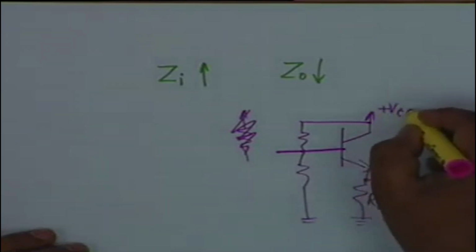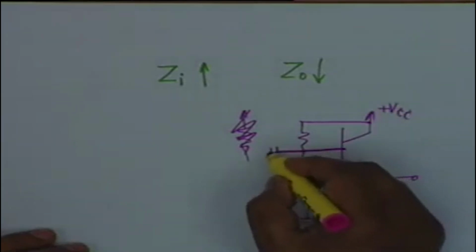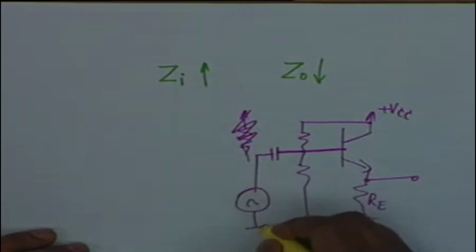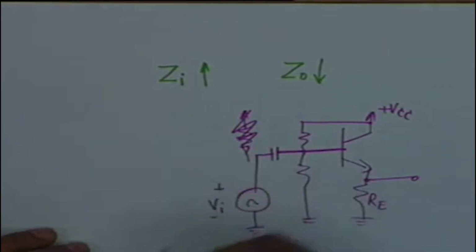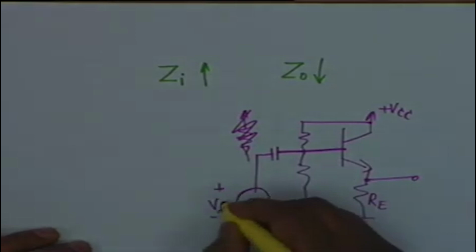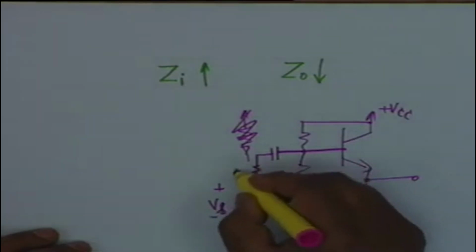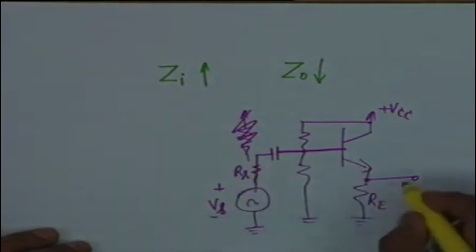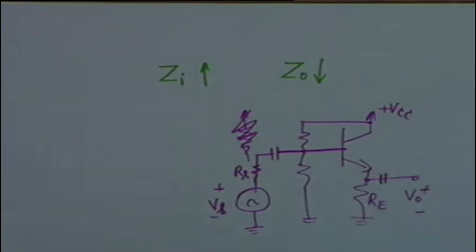Okay. What we have is, this is plus VCC, this is the input, let us call it V sub I, V sub S we have been calling this, with a series resistance RS, and let us say this is my output voltage V0. These are root mean squared values. Okay. You should be quite familiar with this circuit by now. It is an emitter follower or common collector amplifier.